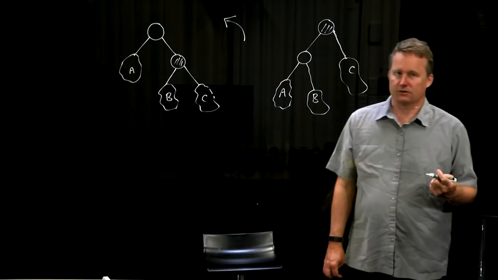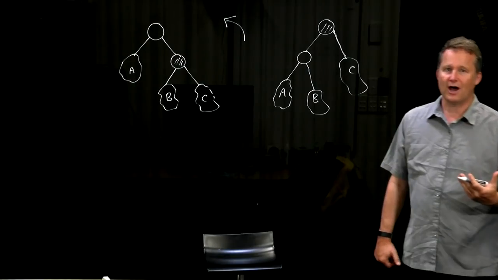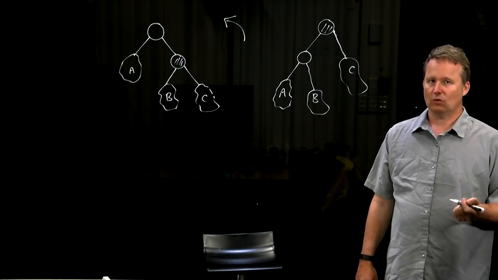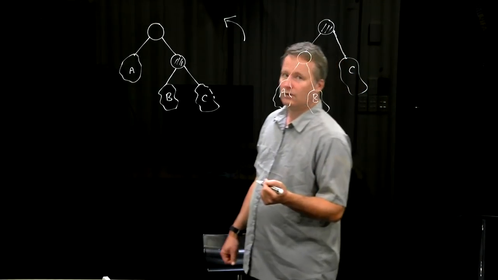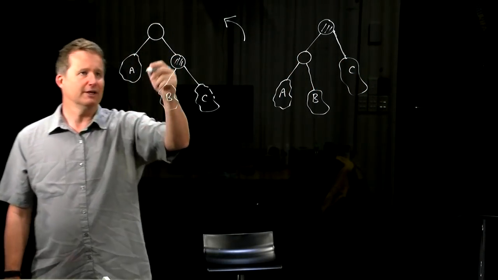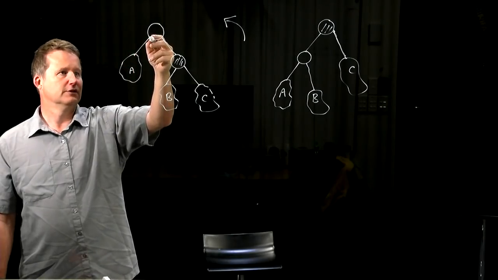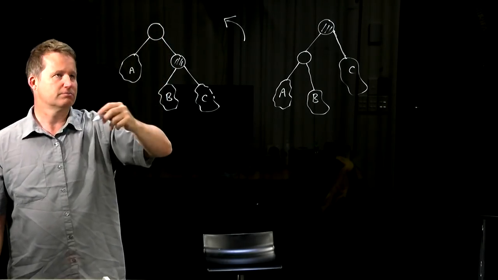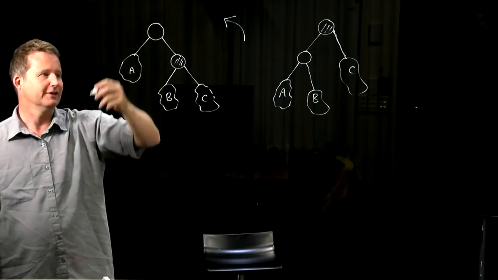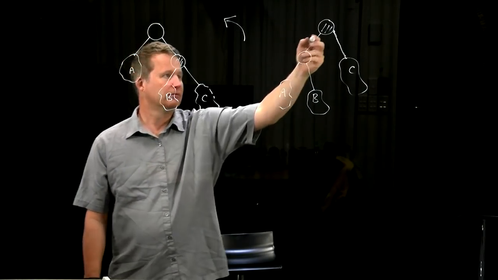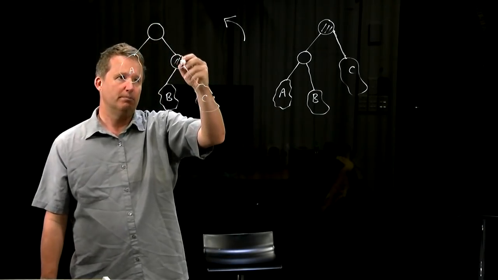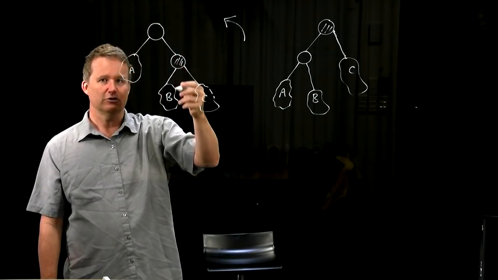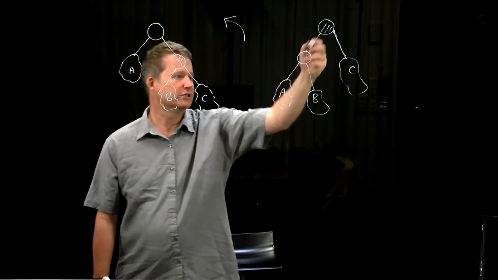Now there's a couple of things we need to notice. First, look at the height. What's happened to the height of the tree? Well, the height of this left part, let's say, increased by 1. For subtree B, any contribution to the height there hasn't changed.